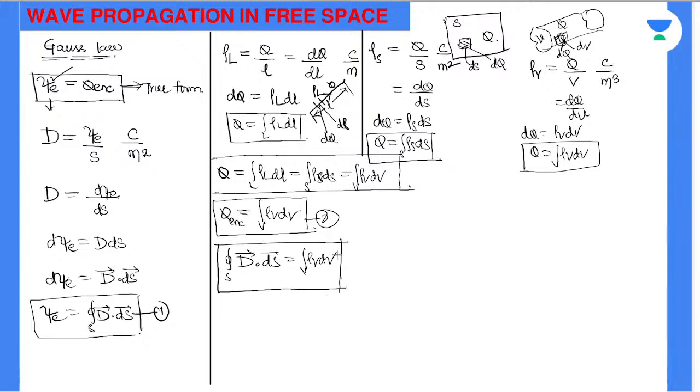This is called the integral form of Maxwell first equation. Clear? Now this is in closed surface and this is in volume. If you want to simplify this, we apply divergence theorem.